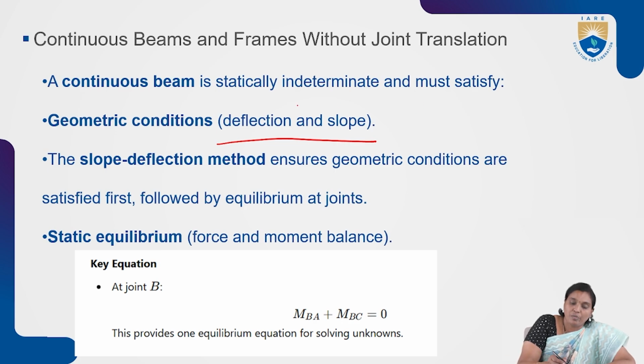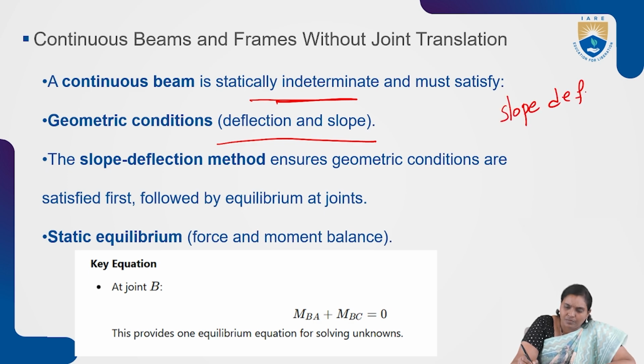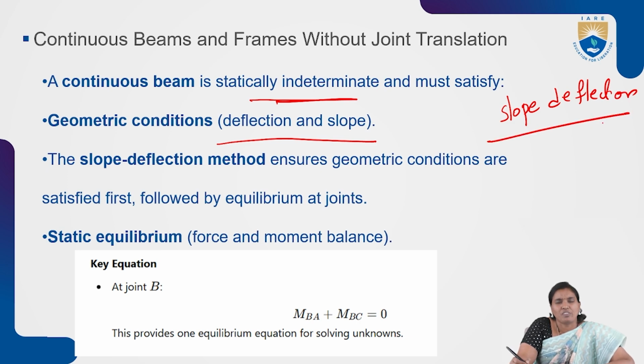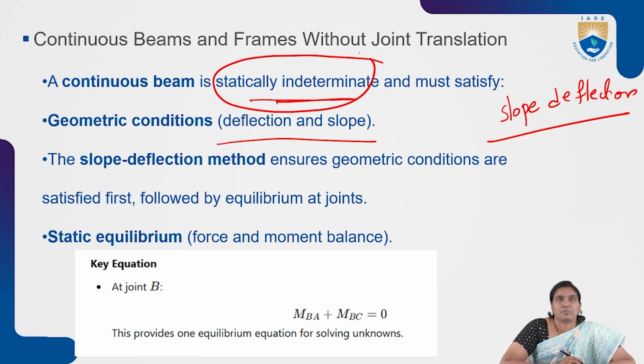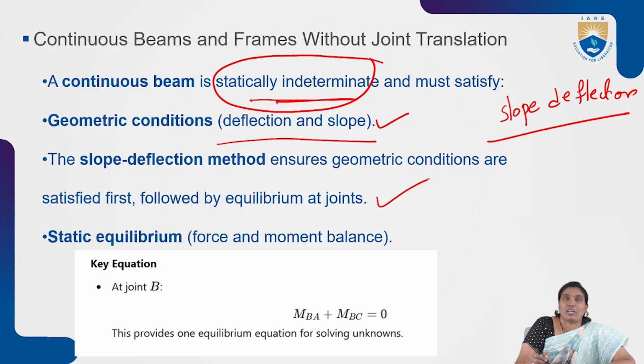So a continuous beam is a statically indeterminate structure, and we choose the slope deflection method for this condition, because the slope deflection method is used for analyzing statically indeterminate structures. Here the geometric conditions are deflection and slope. The slope deflection method ensures geometric conditions are satisfied first, followed by equilibrium.